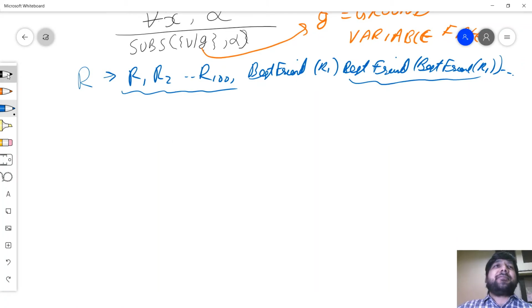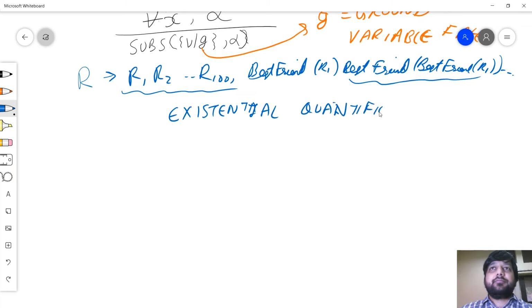So the other one is, of course, the existential quantifier, there exists. So let's do it for that as well.